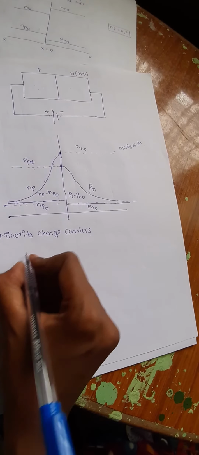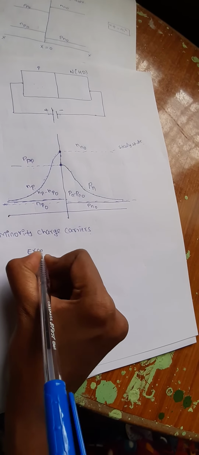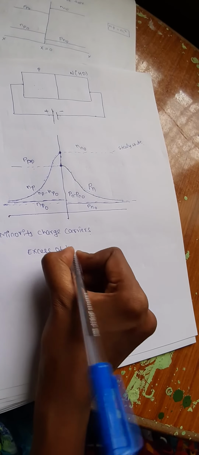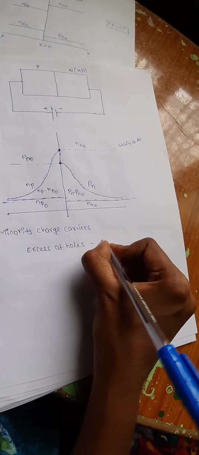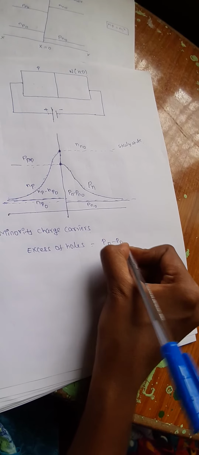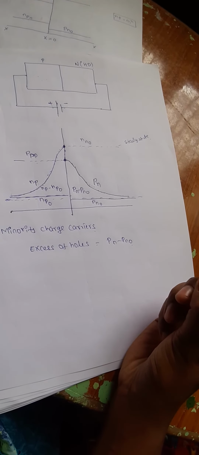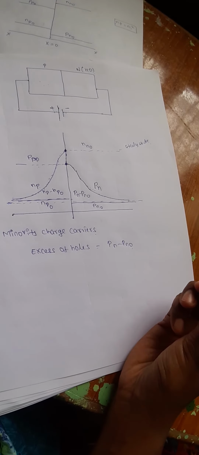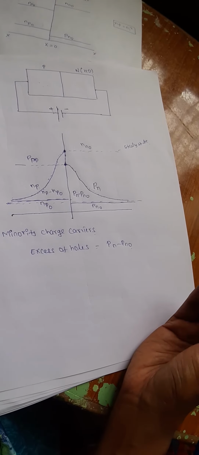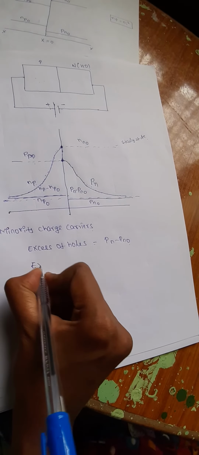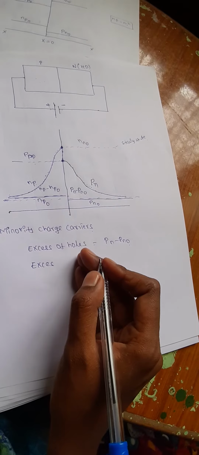The excess of holes is nothing but pn minus pn naught, which will indicate the excess of minority carriers. The excess of electrons are minority carriers only.